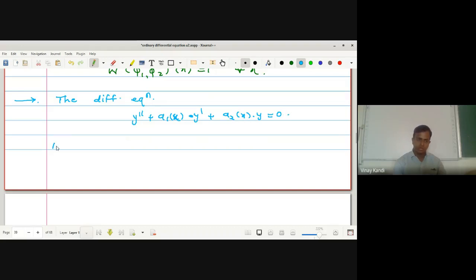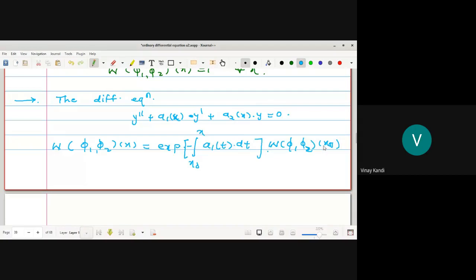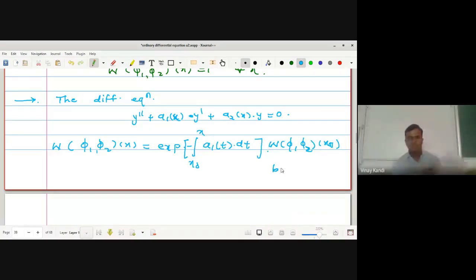Now we know that the Wronskian of phi 1 and phi 2 at any point x is given by exponential of minus integral of a1 of t dt, into the Wronskian at x naught, by the previous theorem.